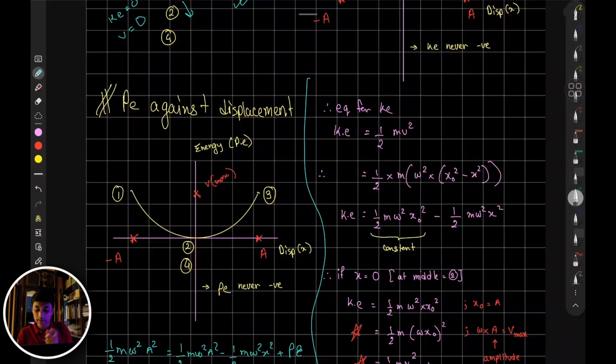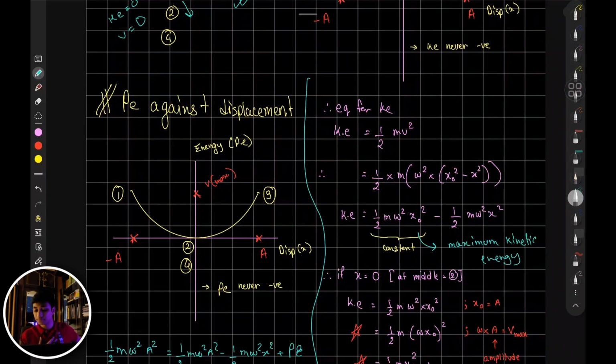What I mean by that is, look at over here. What is this giving you? Half m omega squared times x naught squared, which is amplitude squared. So this is giving you maximum kinetic energy.